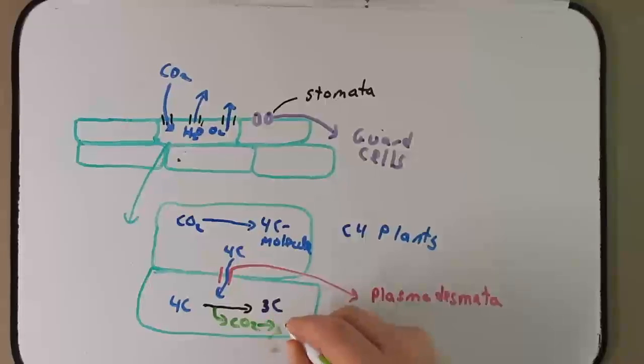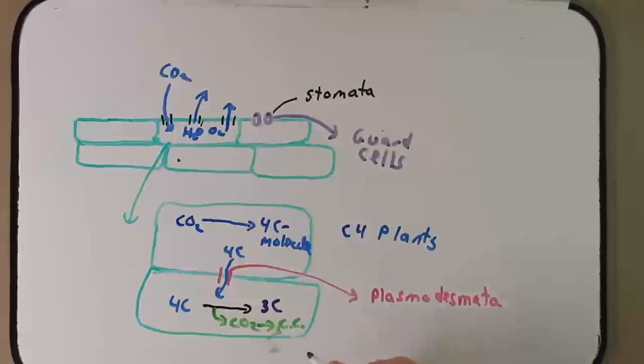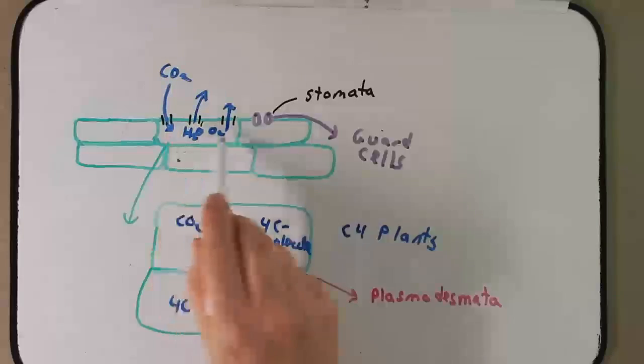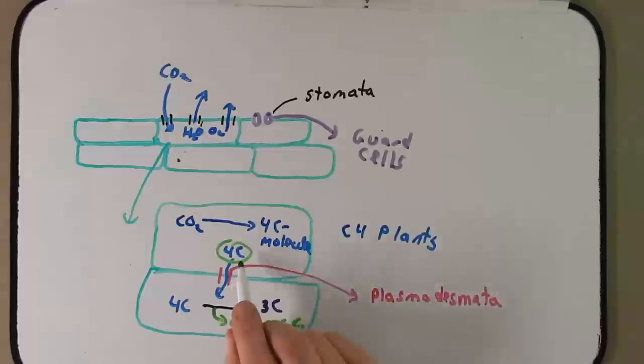This CO2 can now be taken to the Calvin cycle, which I'll just abbreviate as CC. So these 4-carbon molecules that are produced abundantly on the surface here act as carbon reservoirs that can now be taken and deliver CO2 to the parts of the plants that have a low concentration of CO2.